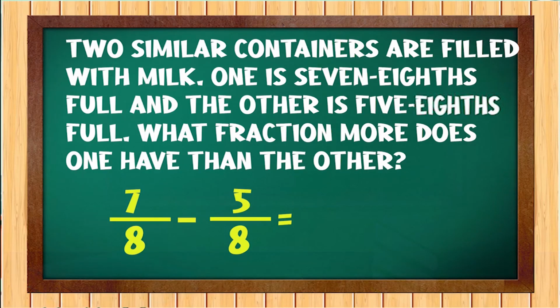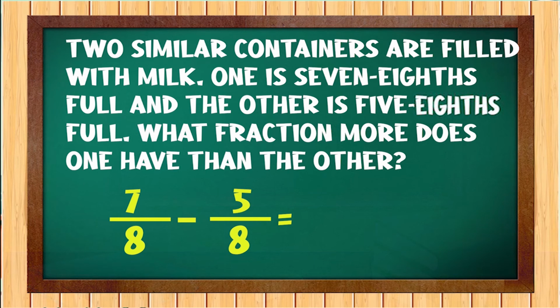You should be finished by now. Do you have 7/8 minus 5/8 for your first step? If you do, that is correct. So we notice in those 2 fractions that the denominators are the same.